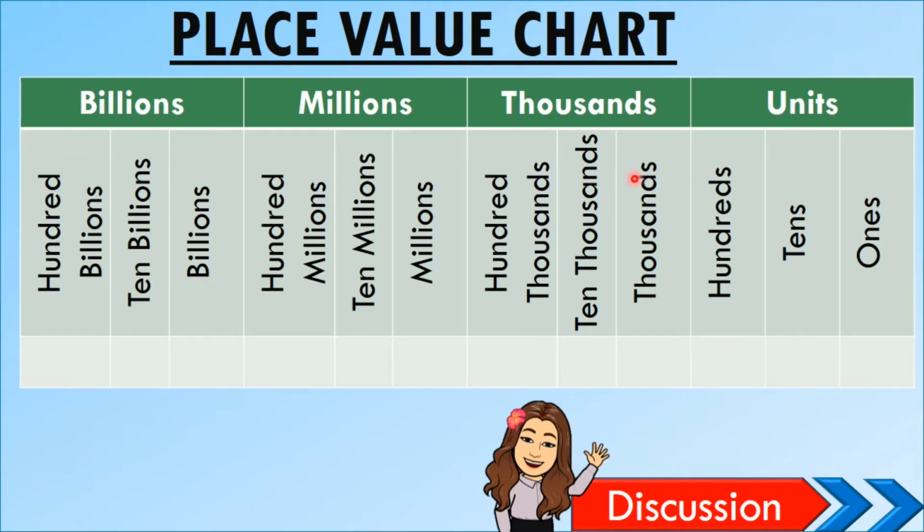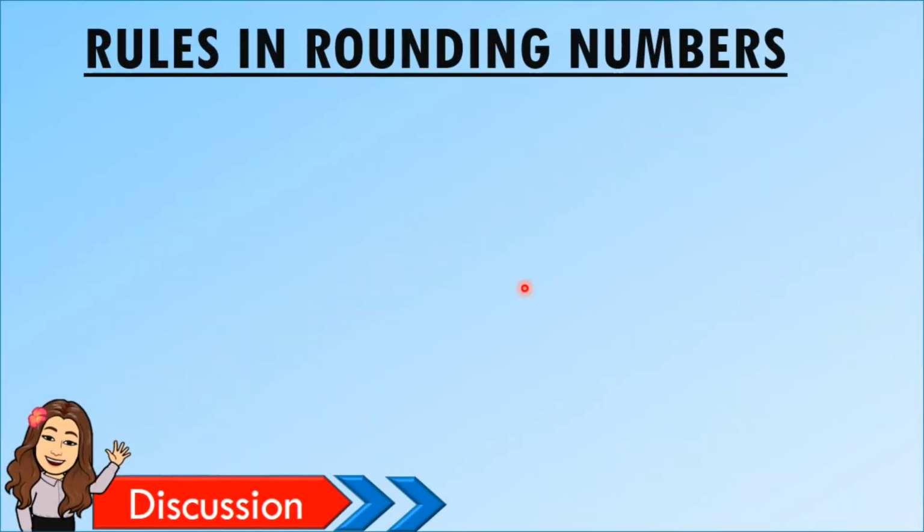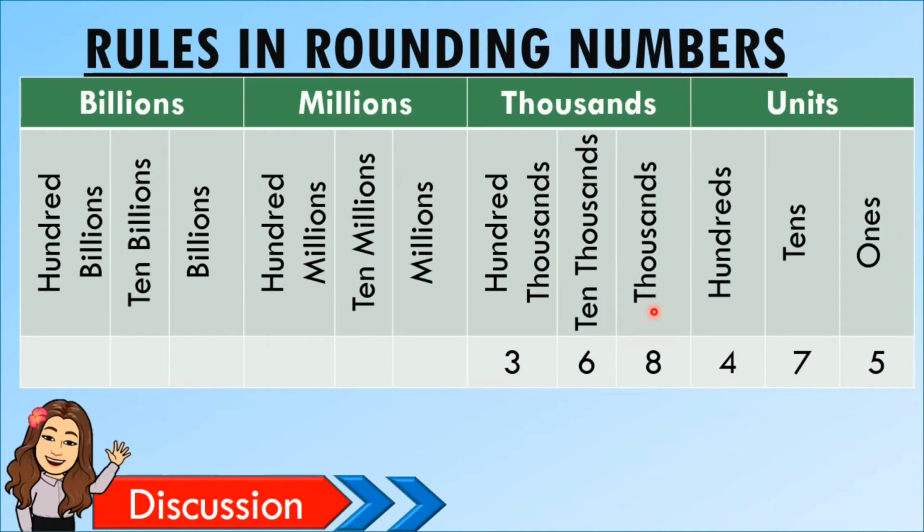So first rule is, let us put the digits in this place value. As you can see, I already put 5 in ones place value, 7 tens place value, 4 in the hundreds place value, 8 in the thousands place value, 6 in the 10,000s place value, and 3 in the 100,000s place value.